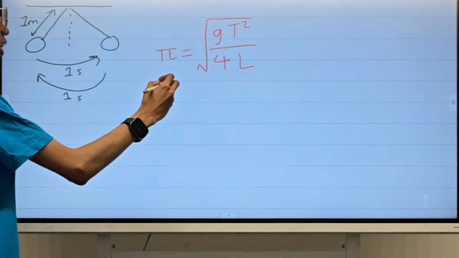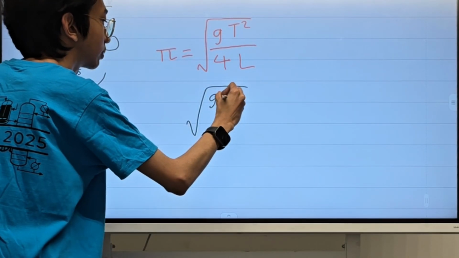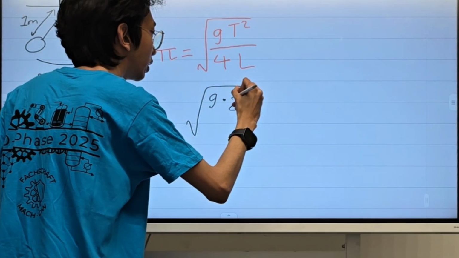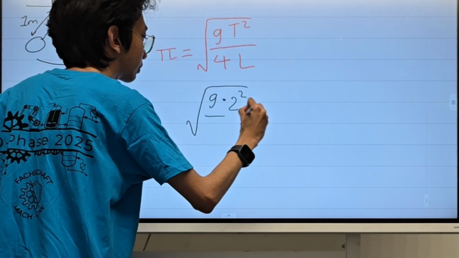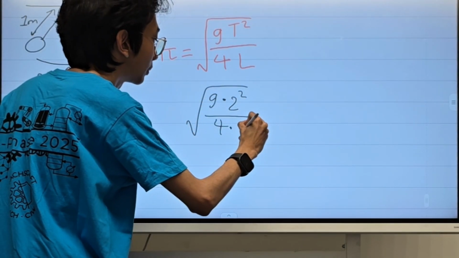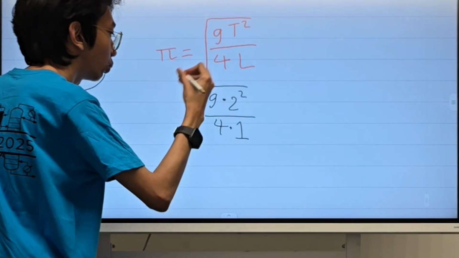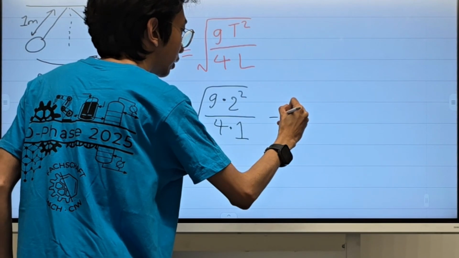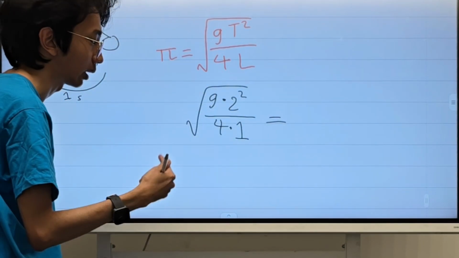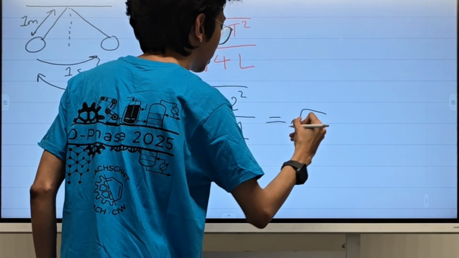If you put it into this equation, we get the square root of g multiplied by the time period, which is 2 seconds. We have 2 squared divided by 4 times the length, which is defined to be 1 meter. 2 squared divided by 4 is 4, and 4 divided by 4 times 1 is just the square root of g.